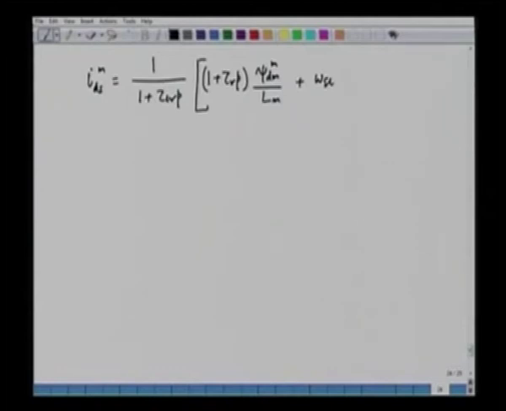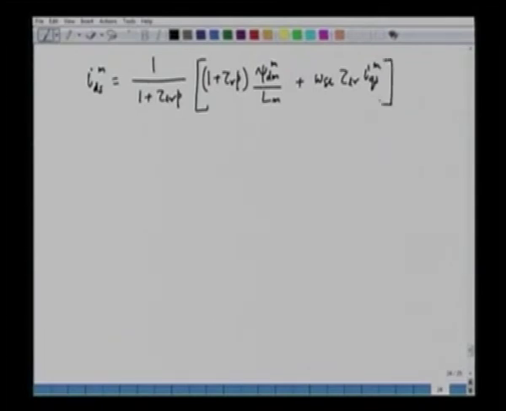IDS can be expressed as (1 plus tau LR P) by (1 plus tau R P) into psi dm by Lm plus omega SL tau LR into IQSM.